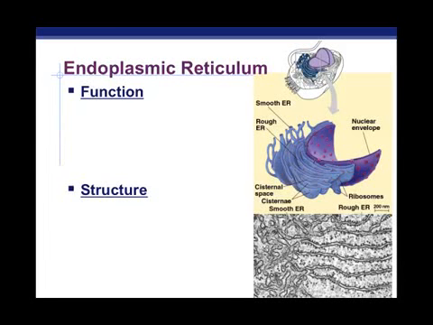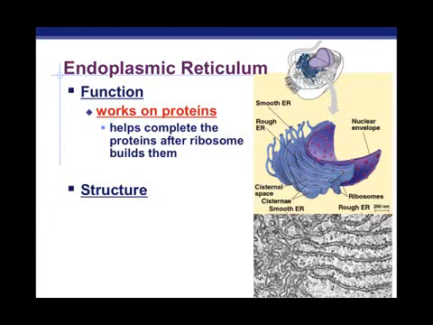Now, the endoplasmic reticulum is quite complicated. It's like a passageway that the proteins get manufactured inside of. And the endoplasmic reticulum works with the ribosomes to build the proteins.